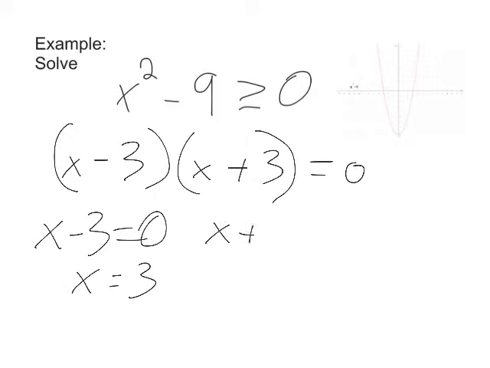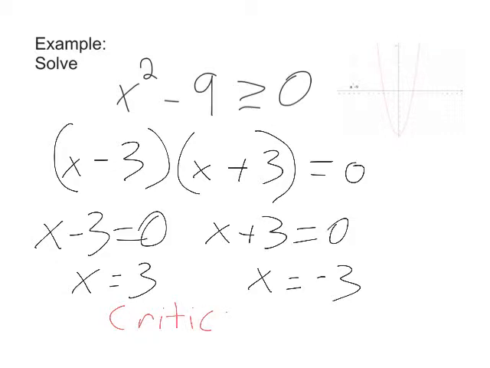And x plus 3 equals 0, so x is going to be negative 3. Okay? Those are our two critical values. All right, so the next step is to draw a number line and mark those values, okay?